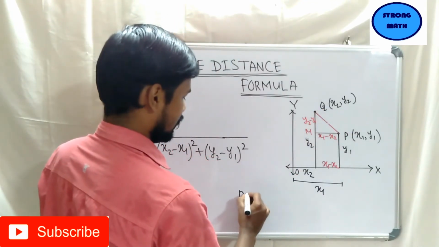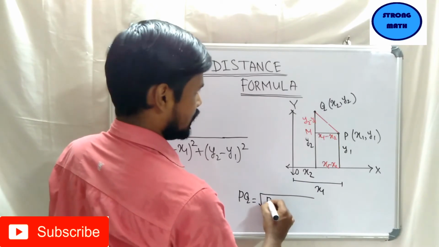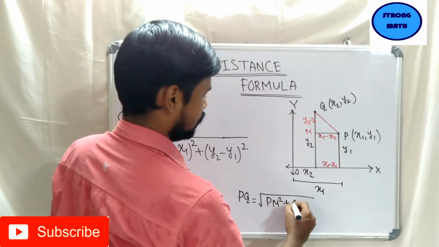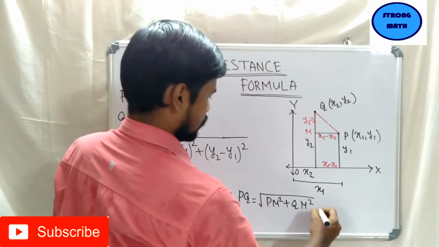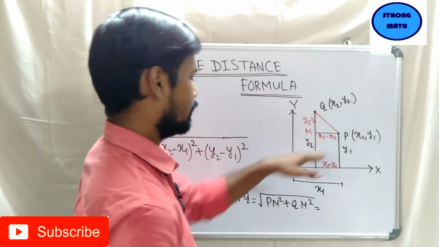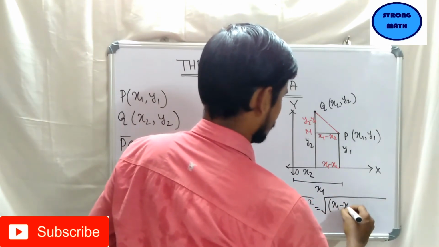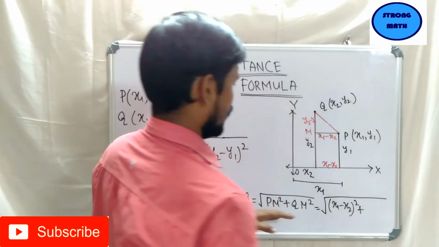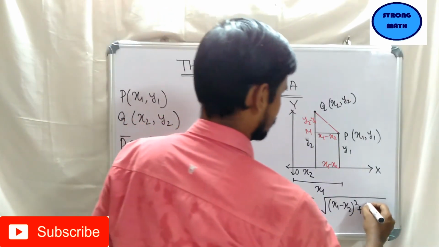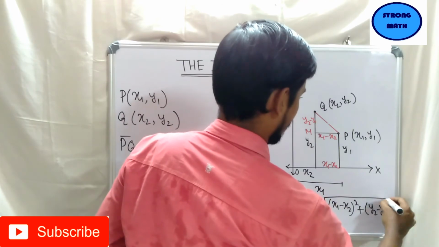By Pythagoras theorem, PQ equals root under PM square plus QM square, and PM means x1 minus x2, so this is x1 minus x2 whole square, plus QM means y2 minus y1 whole square.